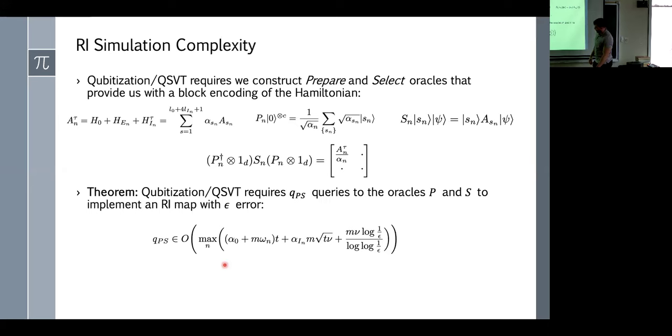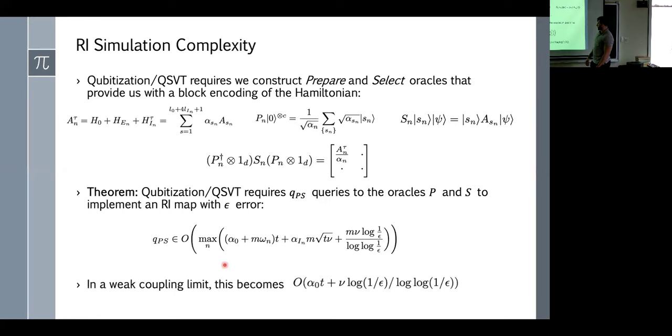So if we try and simplify this and work in some recoupling limit where the alpha naught term dominates over the interaction, because we're usually working in recoupling in the first place, we get a complexity that looks like this. Again, if you compare it to the one I introduced at the very beginning, it looks optimal except for this new parameter, which we're converging to in the case of using repeated interactions in the first place.